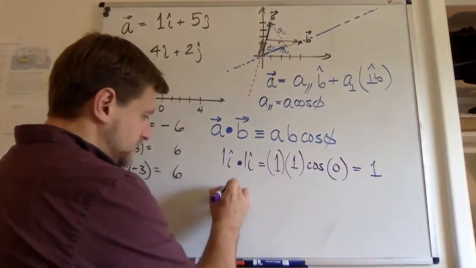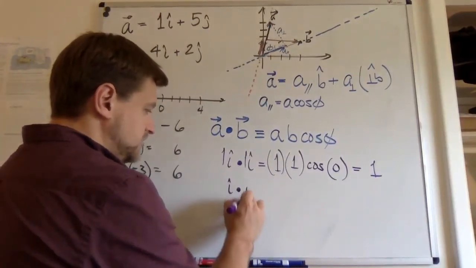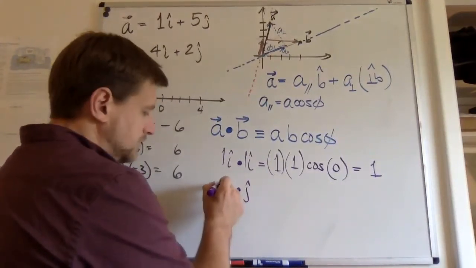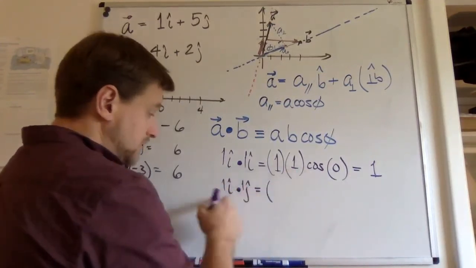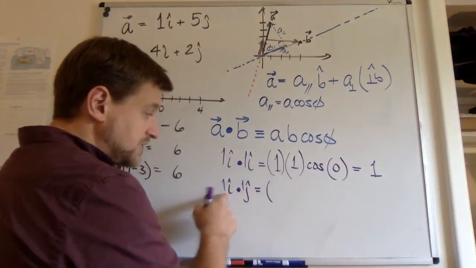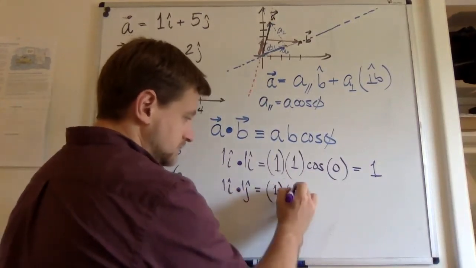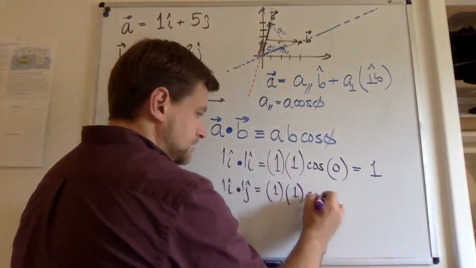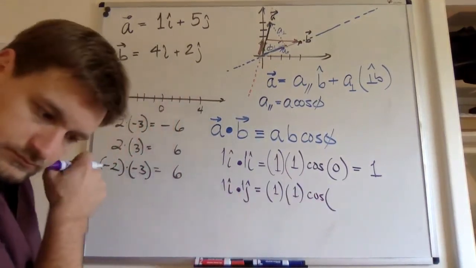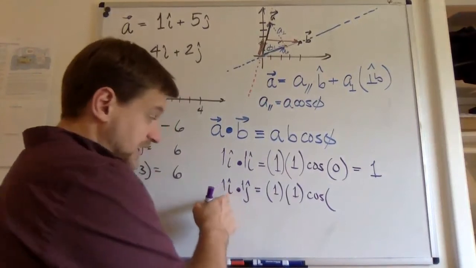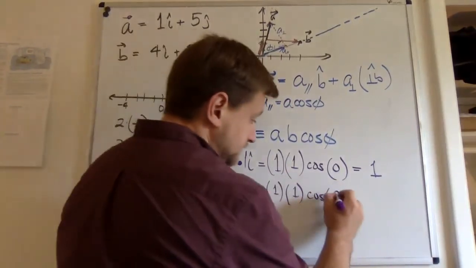What about I dot j? Again, 1I dot 1j. The individual magnitudes of the two pieces are still 1, but the angle between I and j, that's between x and y, is 90 degrees.